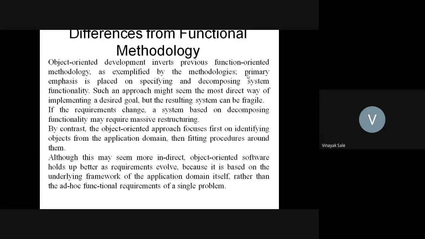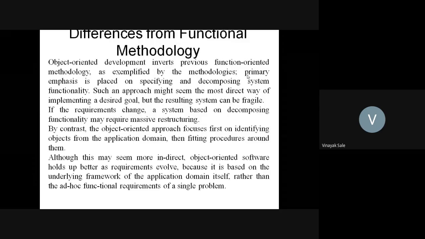So then, what are the differences from the functional methodology? Object-oriented development contrasts with the previous function-oriented methodology. In the functional approach, primary emphasis is placed on specifying and documenting the system functionality.